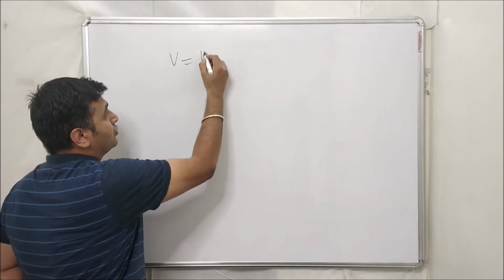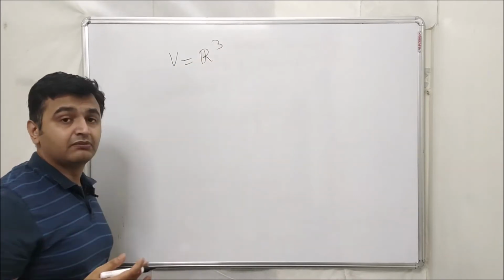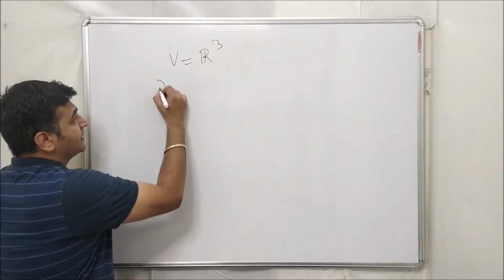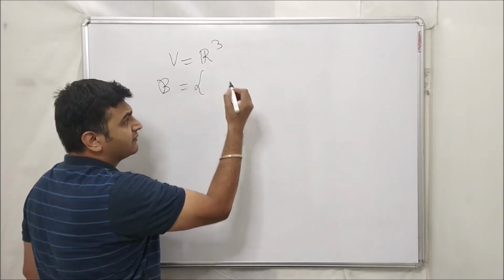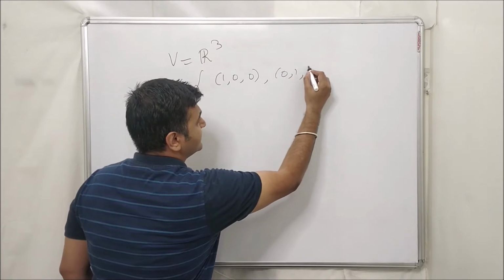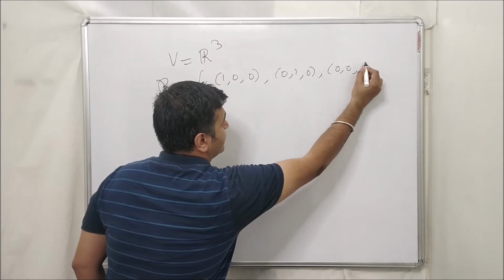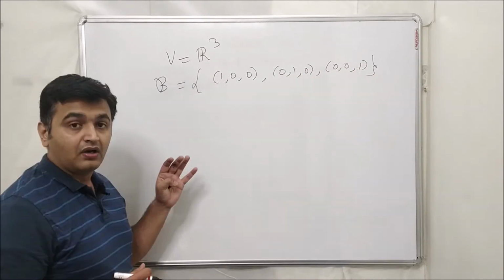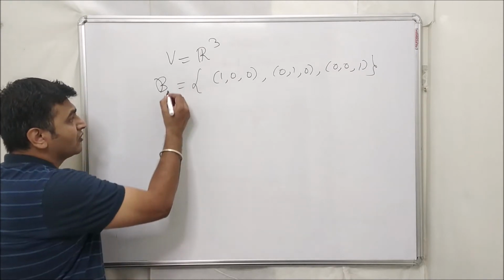Suppose you take V equal to R3. We know that R3 is a three-dimensional vector space. Let's take a basis for R3, the standard basis. What is the standard basis? (1,0,0), (0,1,0), (0,0,1). This is the basis for R3. Let me call this B1.